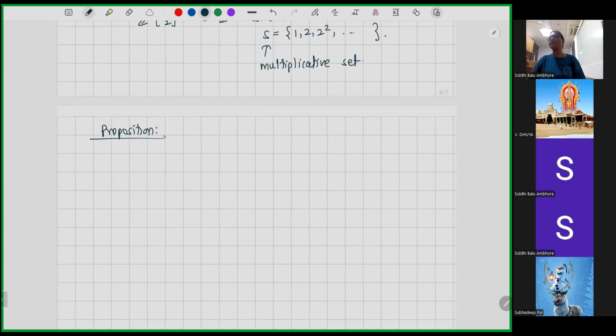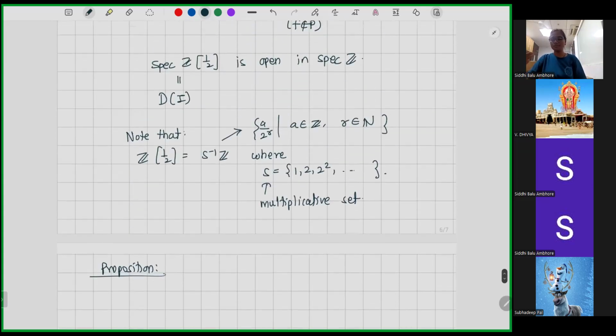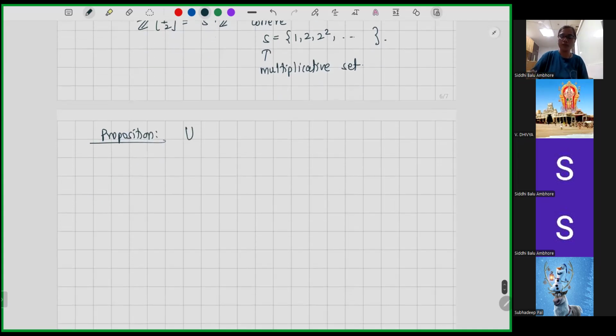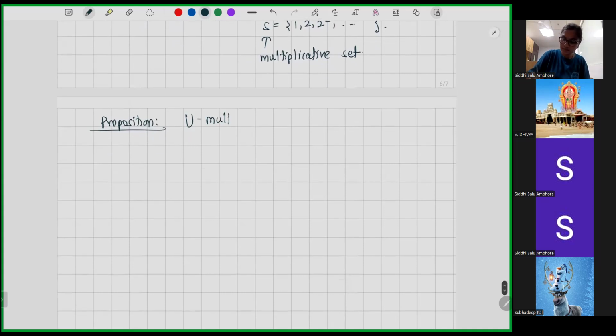I'm just pointing out the propositions, results and some definitions here so that it becomes clear for those who don't know. Suppose U is a multiplicative set and R is a ring.